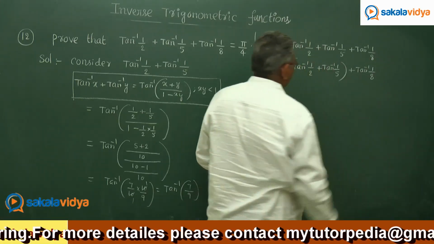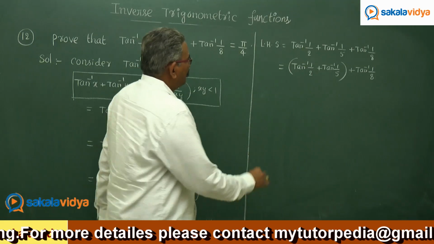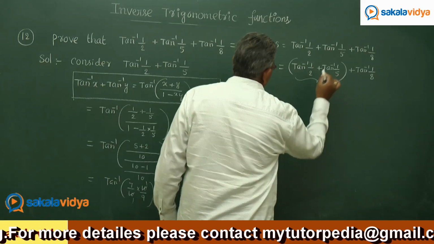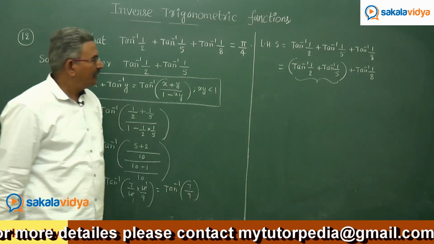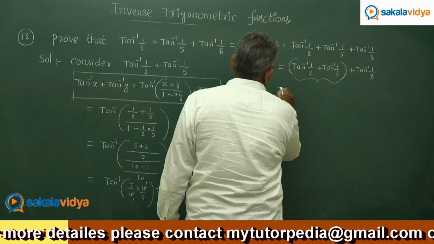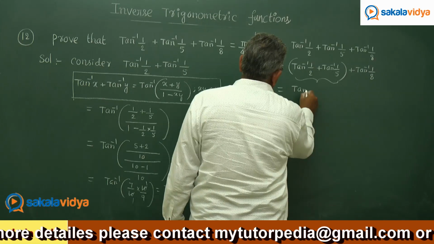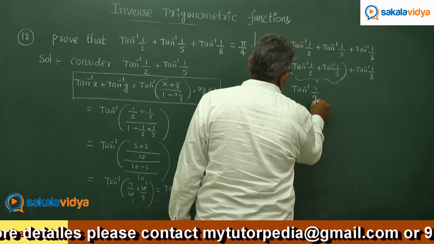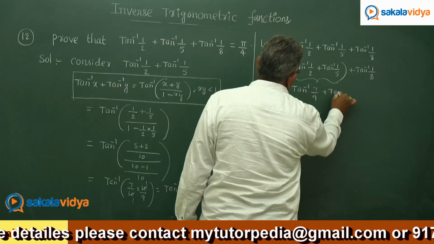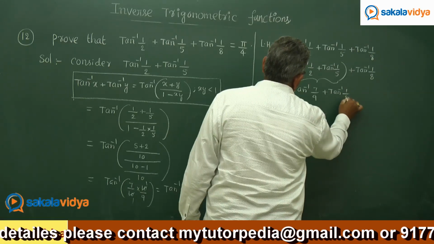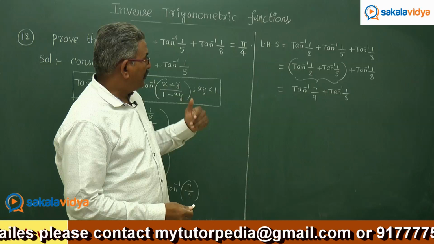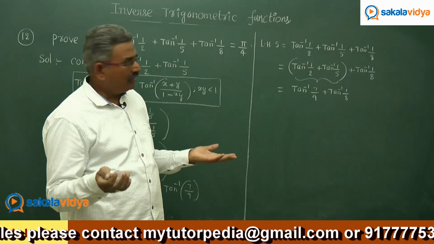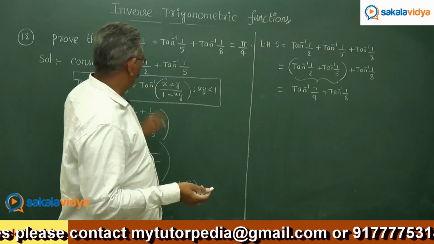Associative law we can write. So this value is already calculated, that is tan inverse 7 by 9. Let us replace it. So tan inverse 7 by 9 plus tan inverse 1 by 8. Just you check it. 7 by 9 into 1 by 8 is 7 by 72. That will be less than 1 only, so that we can apply same formula.